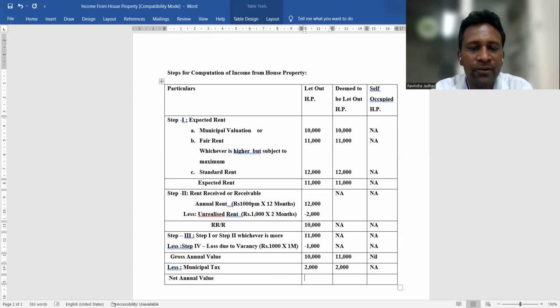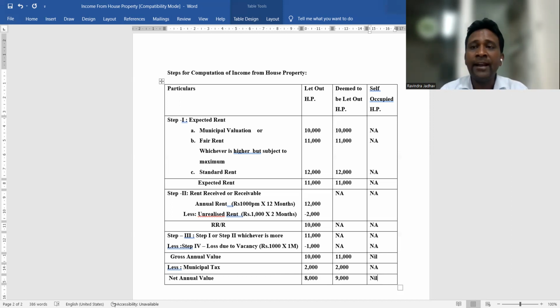So what is net annual value? In case of let out house property, rupees 8,000, rupees 9,000. Again, in case of self-occupied house property, net annual value is also nil. So this is all about the computation of income from house property up to net annual value.